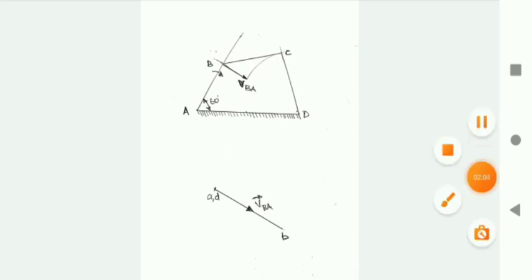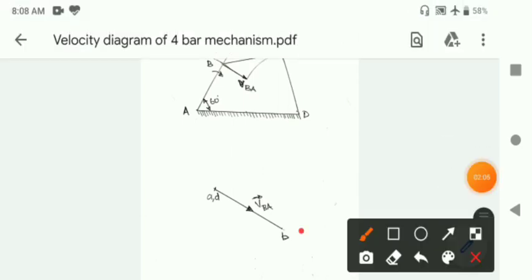The end point of this vector will be point B, and when you mark this arrow in this way, that is from A comma D to B, it indicates velocity of B relative to A. The sign convention, or the way in which you designate velocity, I have already explained in the previous video.